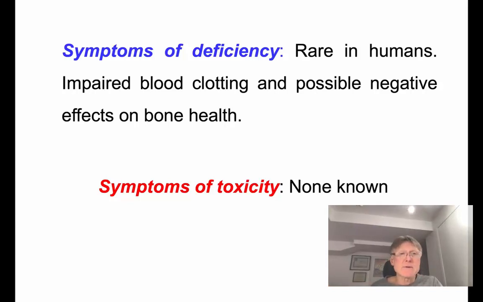But if you see symptoms of deficiency, they include impaired blood clotting, and possibly negative effects on bone health. Remember, vitamin K is important for blood clotting and also for mineralization and maturation of bone. So if you are deficient, those are the two symptoms that you will probably find.